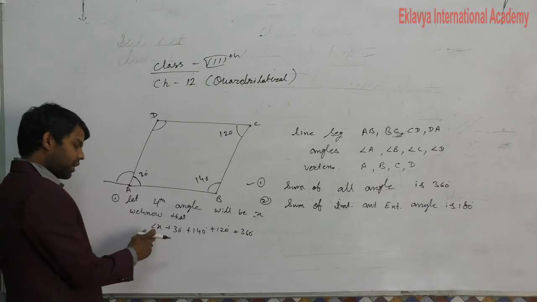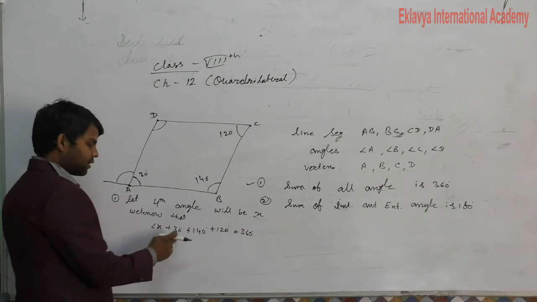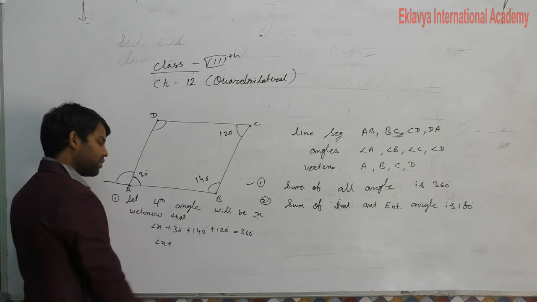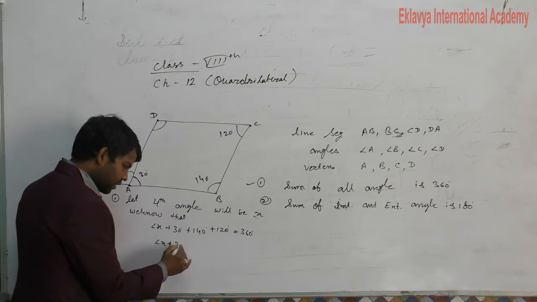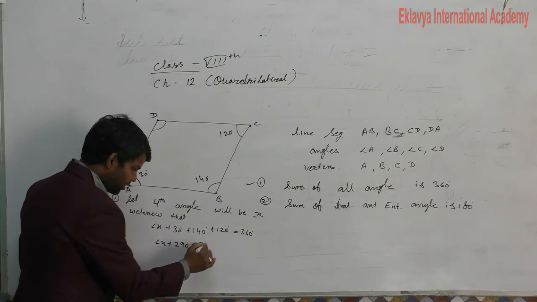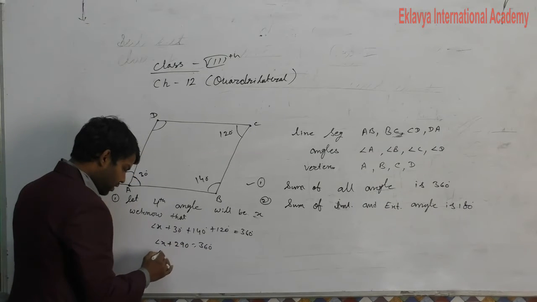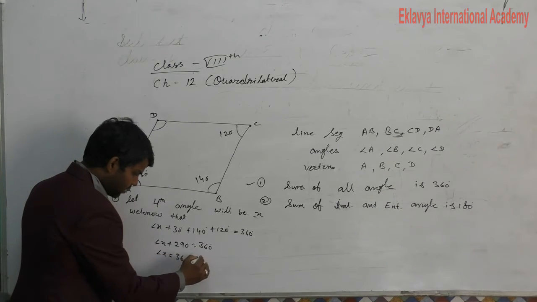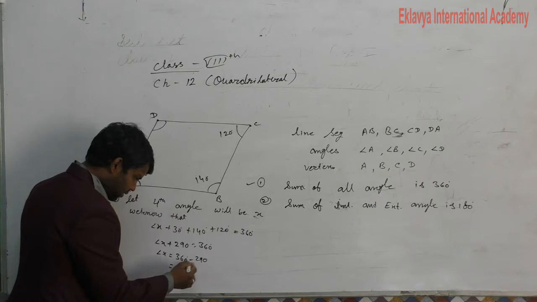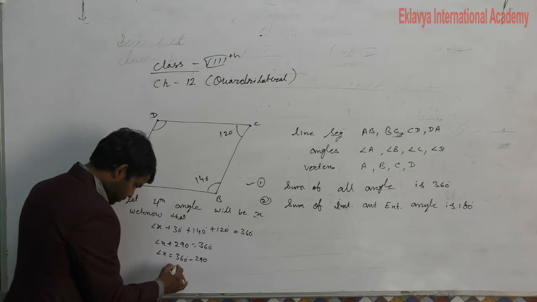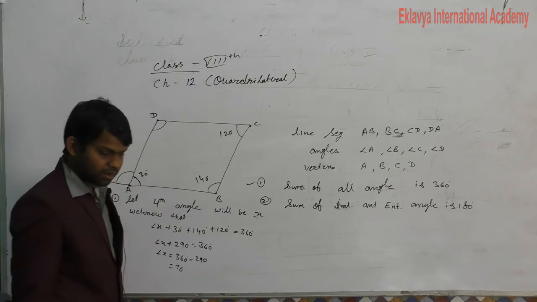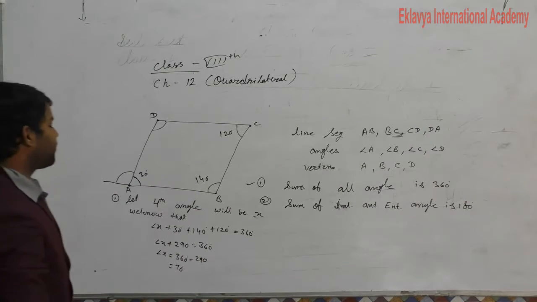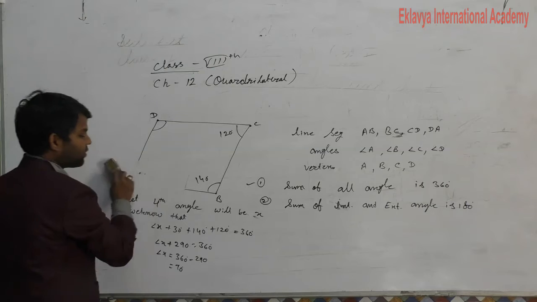Here we want to find angle x, so we add the remaining values: 140 plus 120 is 260, plus 30 is 290. The fourth angle is 360 minus 290, which is 70 degrees. So this type of questions we can do.